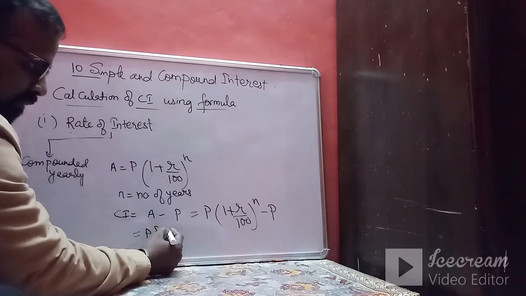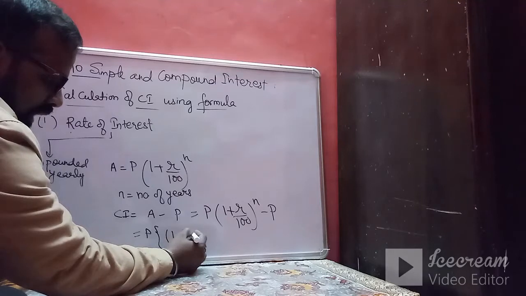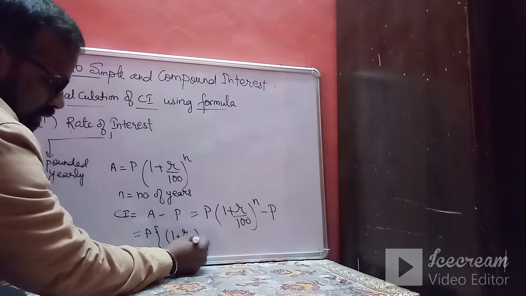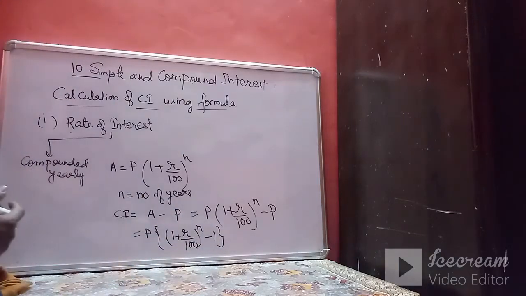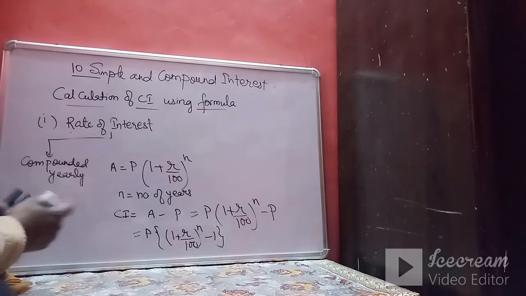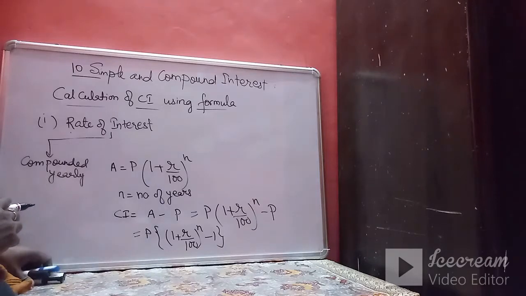So the formula will be like this: P into 1 plus R upon 100 to the power n minus 1. Okay, so this is the formula of compound interest and this is the formula of amount, if the rate of interest is compounded yearly. So based upon this formula, we will solve a few questions.